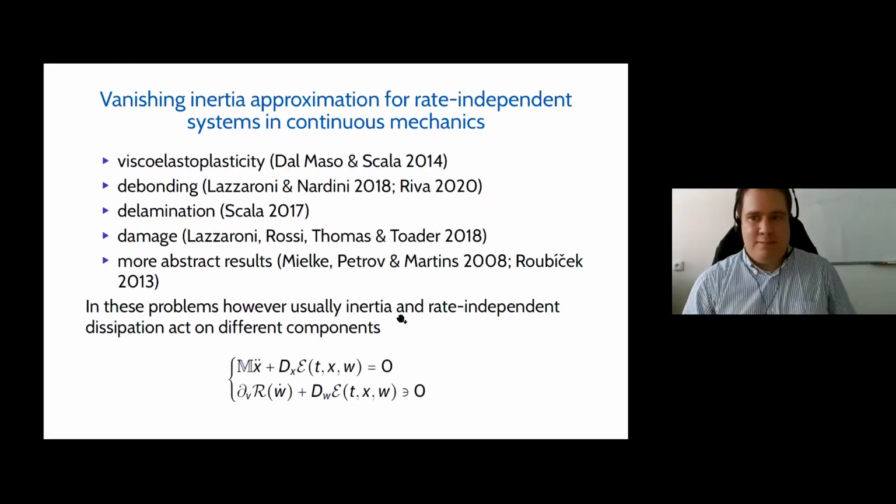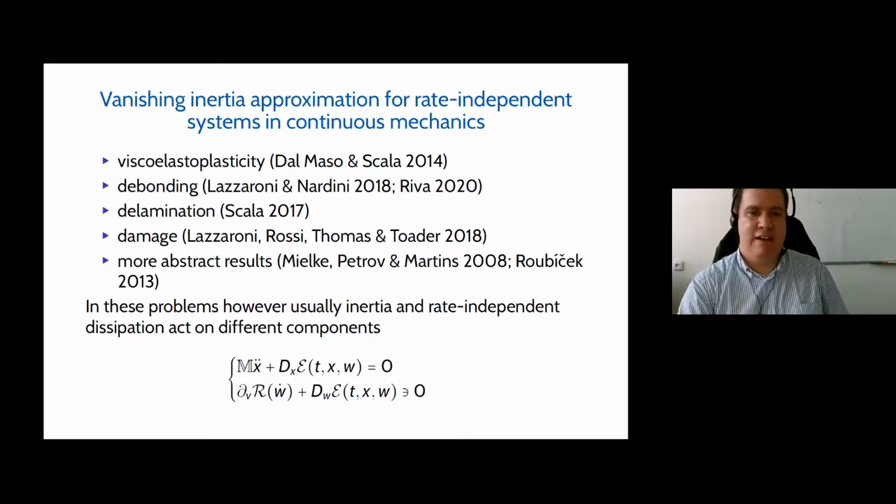Okay. Has someone else tried to do that for systems with rate-independent friction? Of course, yes. You have several applications that have been considered: viscoelastoplasticity, debonding, delamination, damage, or also viscoelasticity in a more abstract context.